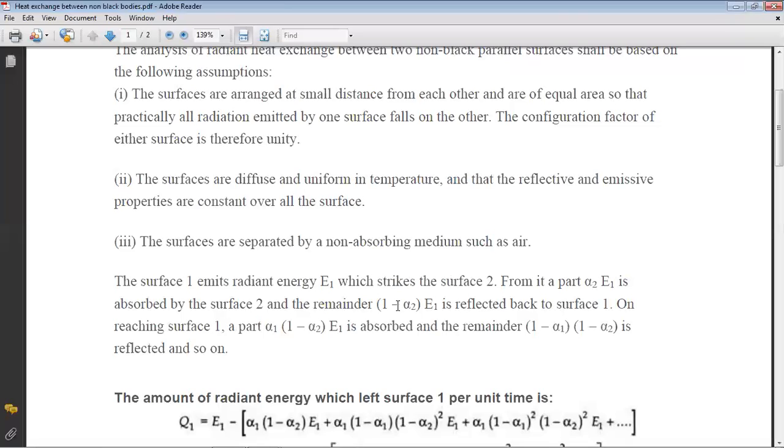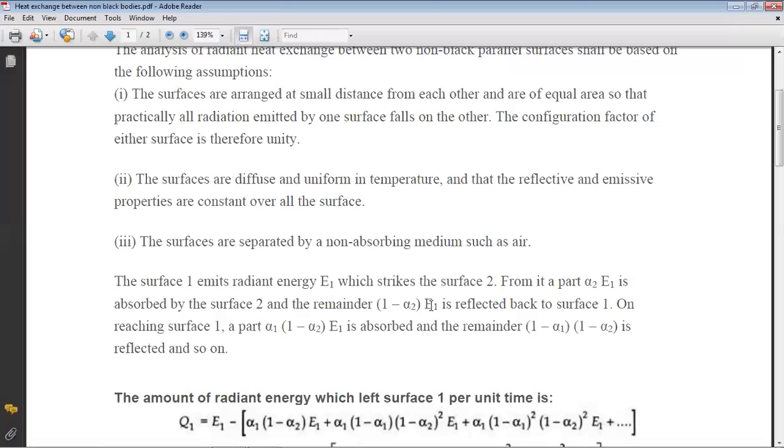Now, again, surface 1 is also having some limitation. Surface 1 can absorb only alpha 1 percentage. Out of what energy? 1 minus alpha 2 multiplied by E1. It can absorb only the alpha 1 portion of that energy.